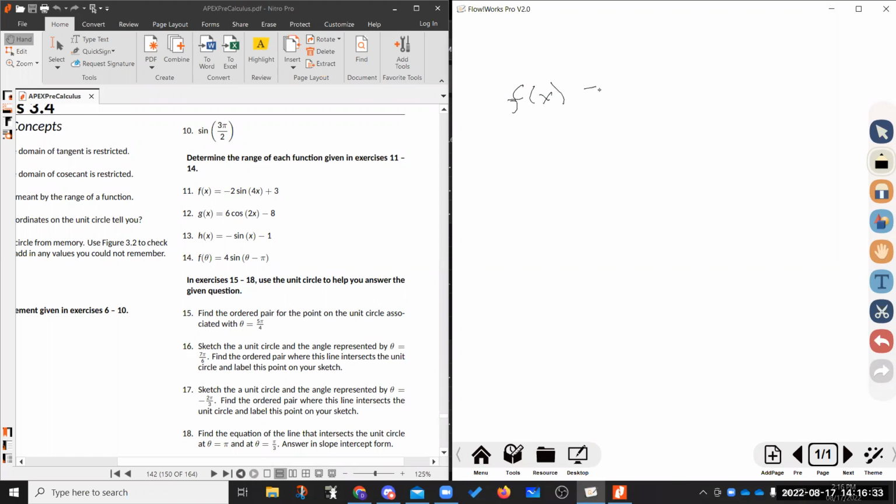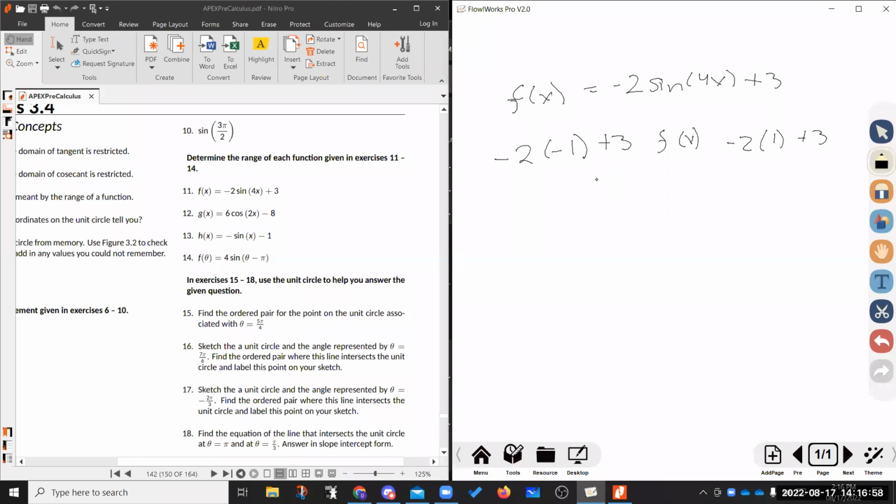is going to be equal to negative 2 sine of 4x plus 3. Because sine of anything is always trapped between negative 1 and 1, this is trapped between negative 2 times negative 1 plus 3 and negative 2 times positive 1 plus 3. So f of x is going to be between these.